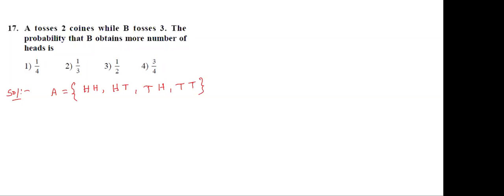This is A. Now B tosses 3 coins. 3 coins means what are the results? Sample points: H, H, H. Head, head, tail. Head, tail, head. Tail, head, head. Next, head, tail, tail. Tail, head, tail. Tail, tail, head. All tails.